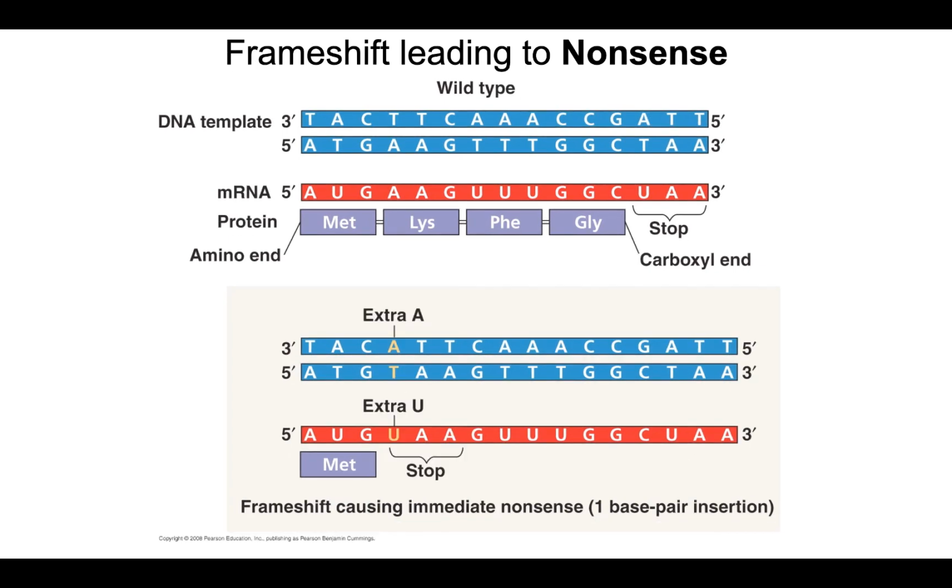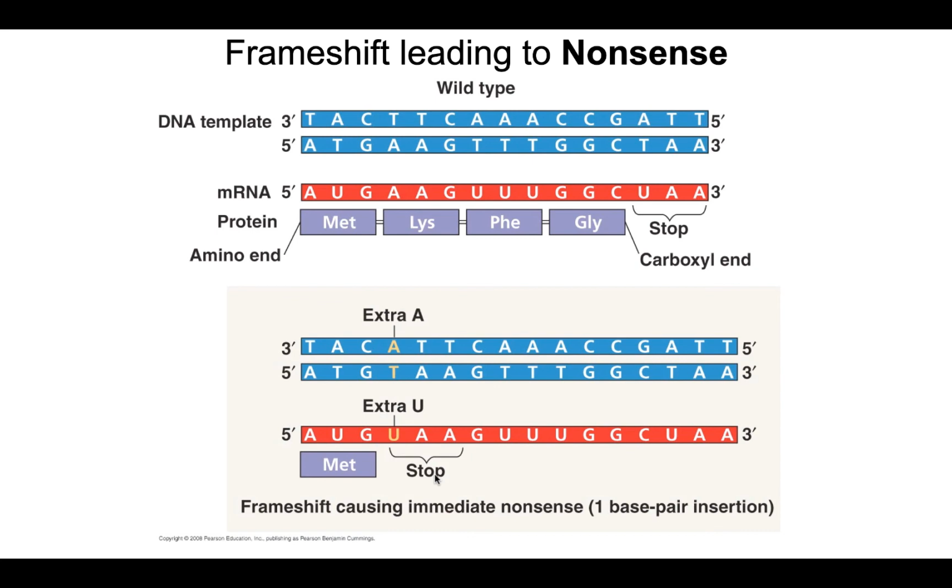It's also possible that a deletion or an insertion can cause a nonsense mutation, can cause a stop codon to appear where it should not appear. So if we add an A here, so now we have an extra U here, we go AUG, well, again, the ribosome doesn't know that this U shouldn't be here, doesn't know that it should actually read just AAG, but instead it ends up reading a UAA, which is a stop codon.